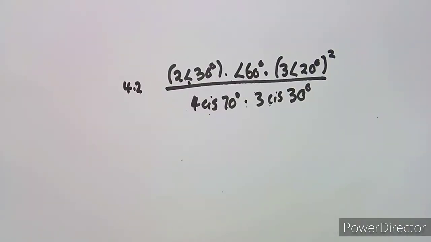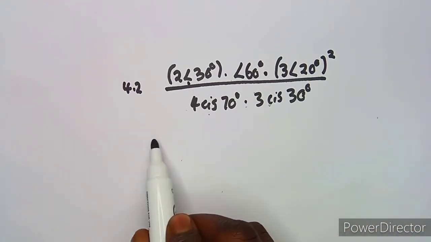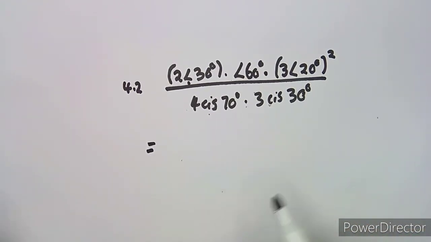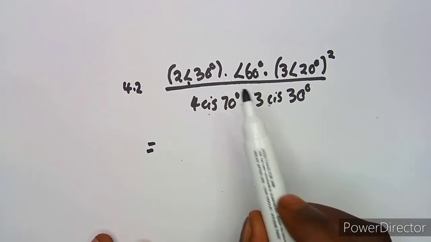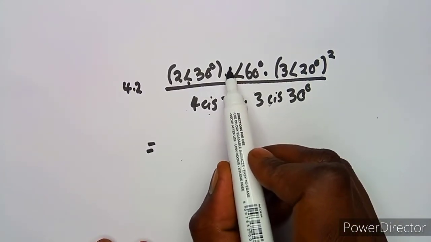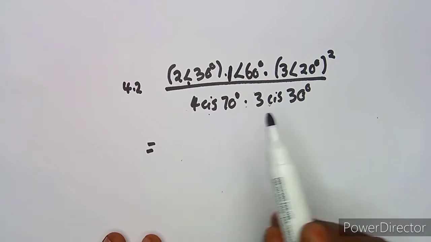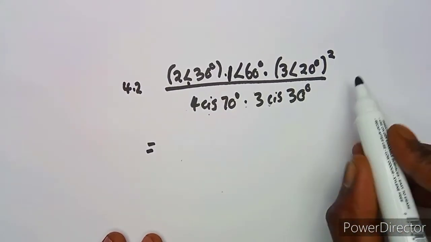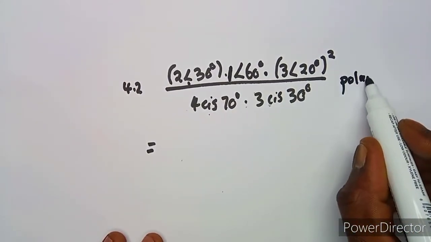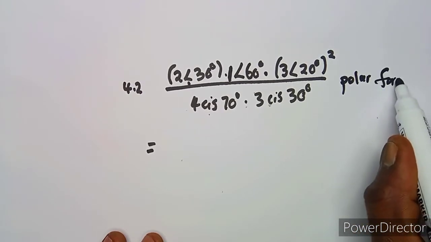Yeah, because they know that some of you can use your calculators here, but they want you to show the steps. So what are you going to do, guys? Let's start first down here. We know that if the number is not given, we're just going to use it as a 1. So what we are going to do is apply the laws and the concepts that we have. We know that this is polar form that we want to convert to rectangular form.